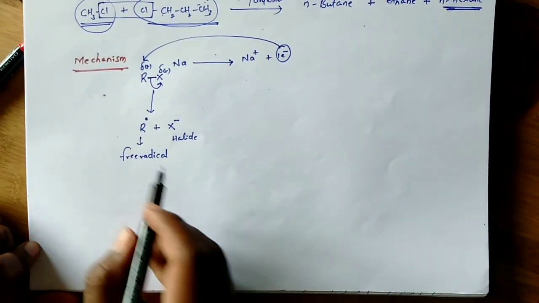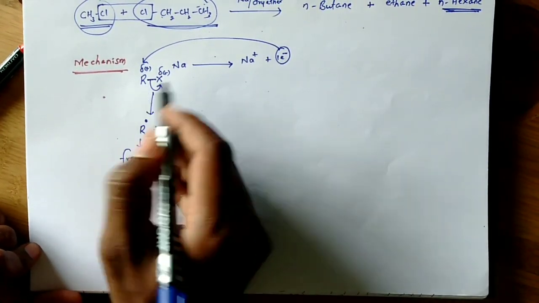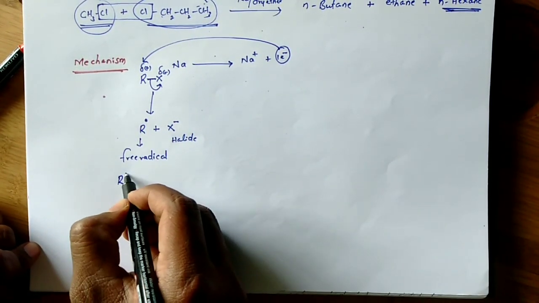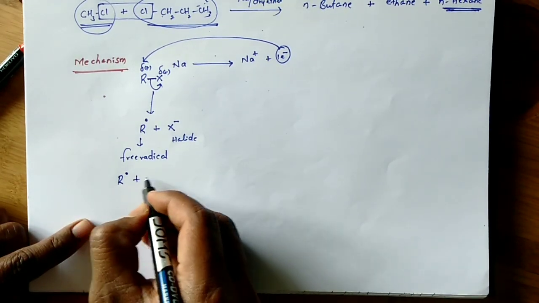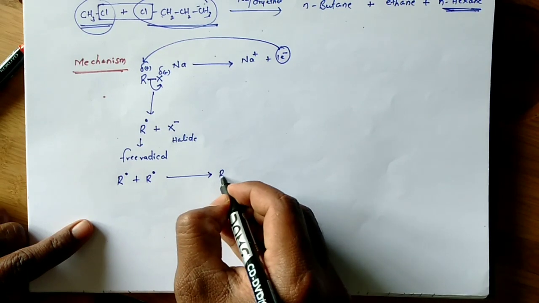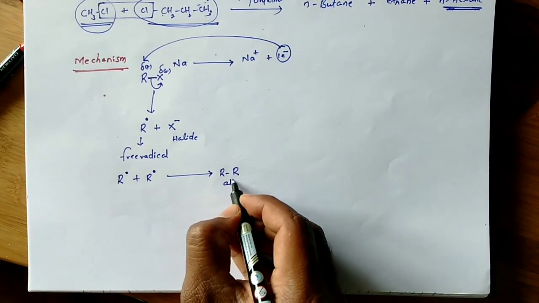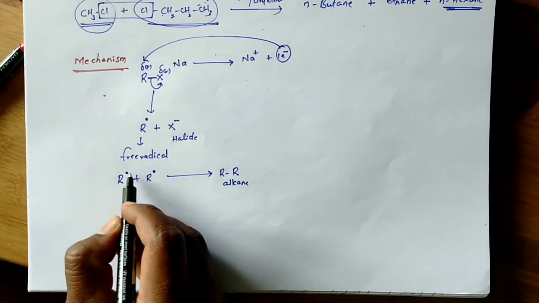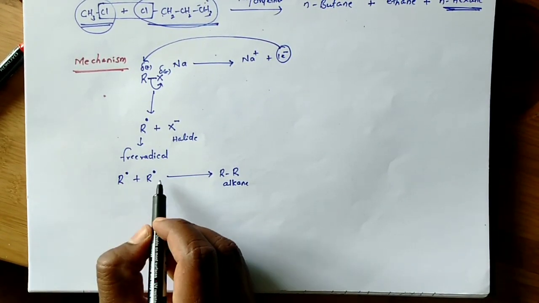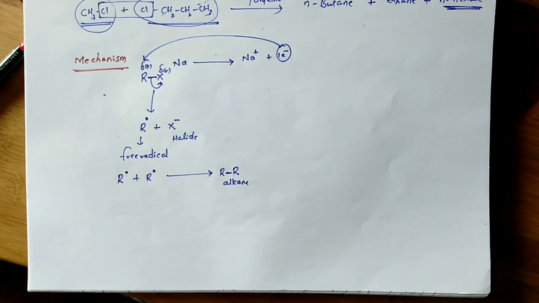One alkyl free radical combines with another alkyl free radical, and we get an alkane. These two electrons form a bond between the two alkyl groups.